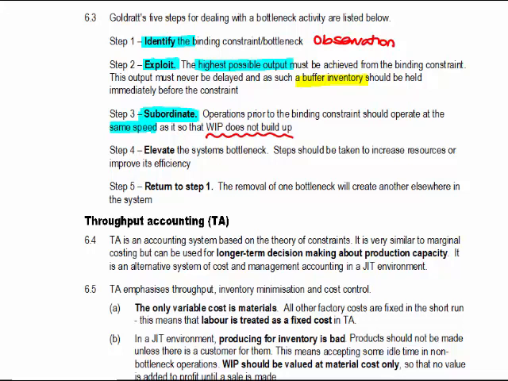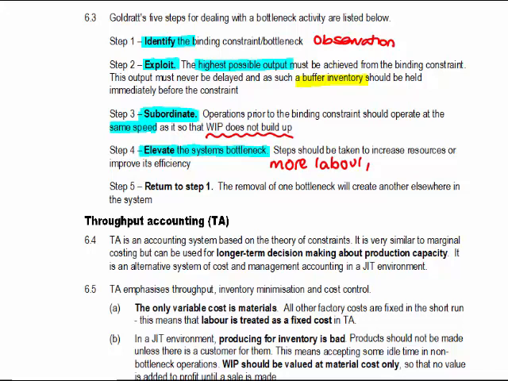And then we get to work on the bottleneck. So we elevate the bottleneck activity. How do we do that? Well, what we need to do is improve its efficiency and maybe put some more resources into it. So maybe we put some more workers in there, some more labour.